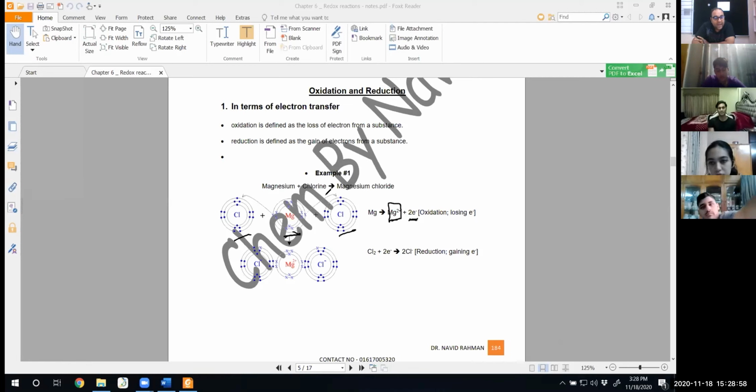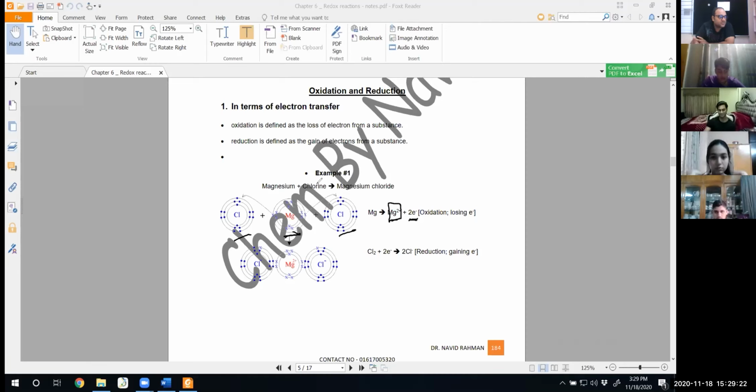In order to balance the transfer of electrons, the number of electrons moving around has to be equal. There's no way you release 2 electrons and something else is gaining 6 electrons.